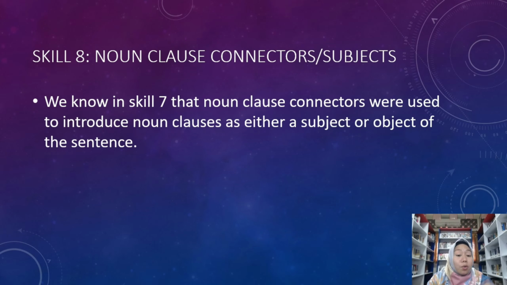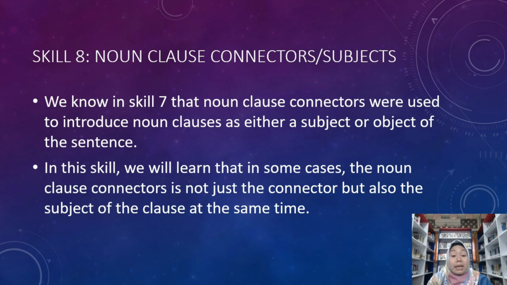As we know, in skill 7, noun clause connectors were used to introduce noun clauses as either a subject or object of the sentence or object of a preposition. In this skill, we will learn that in some cases, the noun clause connector is not just the connector, but also the subject of the clause at the same time.